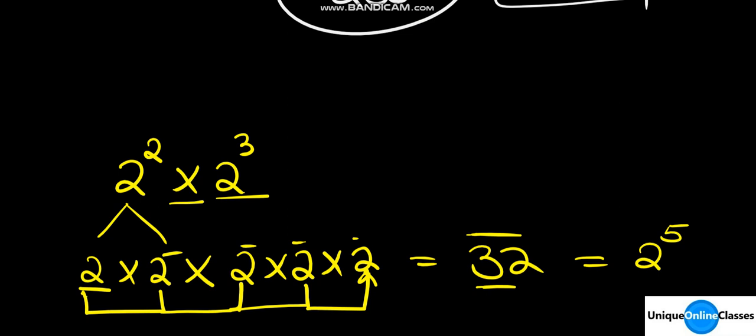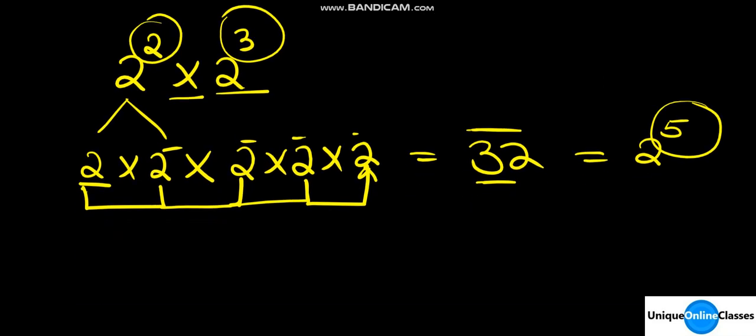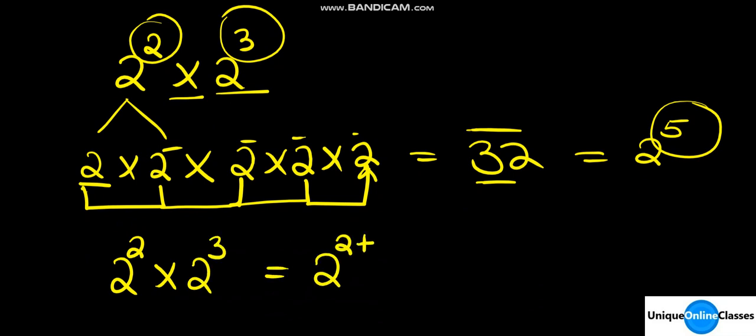What's the connection between the 2 and 3 that gives us 5? You can see that 2 power 2 times 2 power 3 is the same as writing 2 power 2 plus 3, which gives 2 power 5.